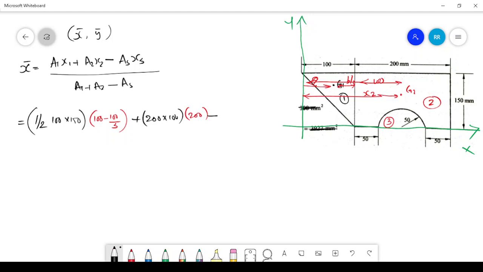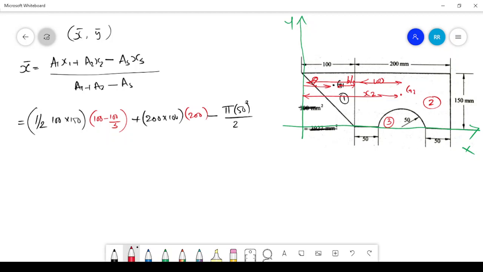And then the last area, it should be minus a3. A3 means the area of the third section. The third section is a semicircle. So the area of the semicircle is pi r square by 2, where the radius is 50, half of the area of a circle. Pi r square by 2 into x3.